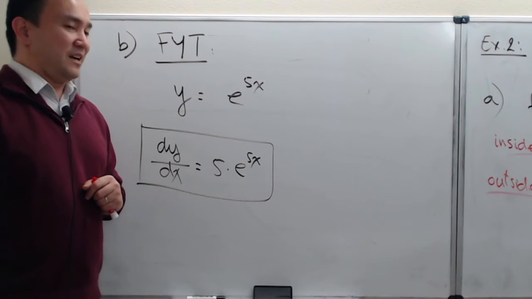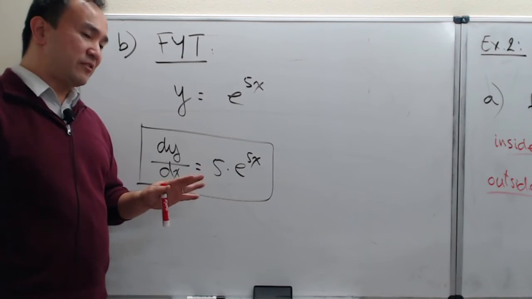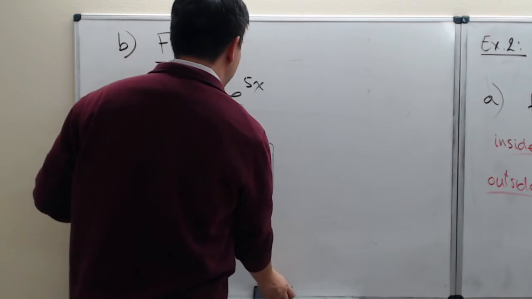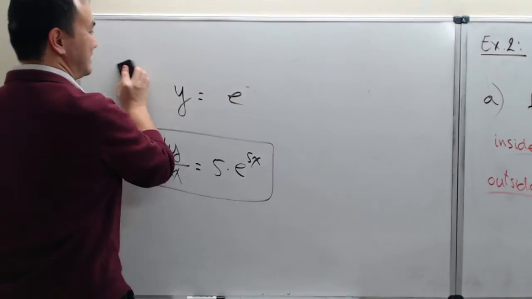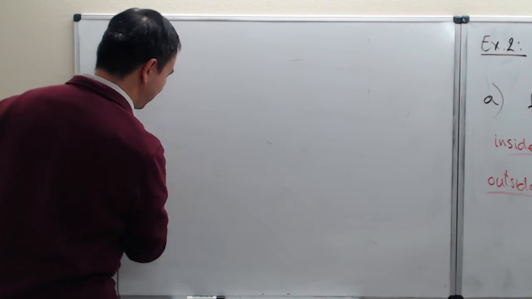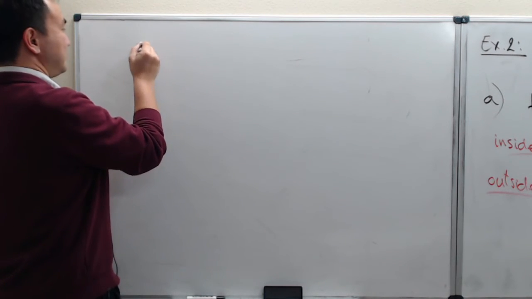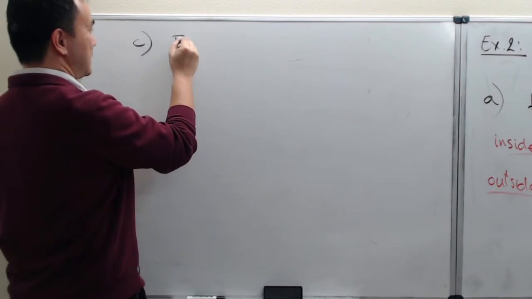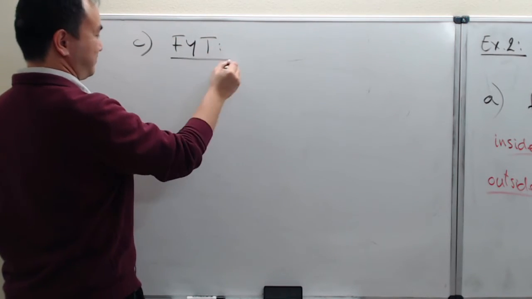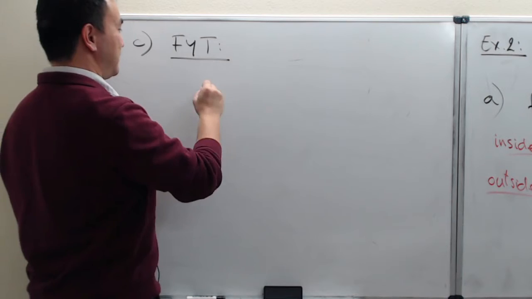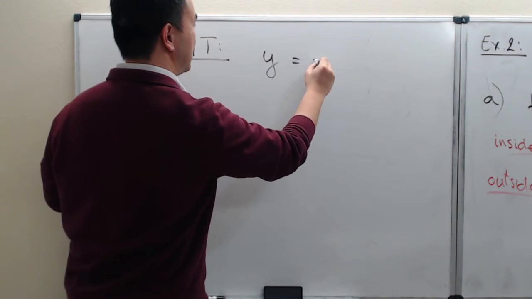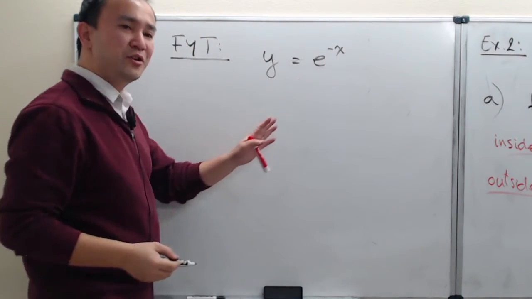Okay, and how about another FYT right here? Question C, another FYT. What about y equals e to the minus x? Think about using the chain rule here.